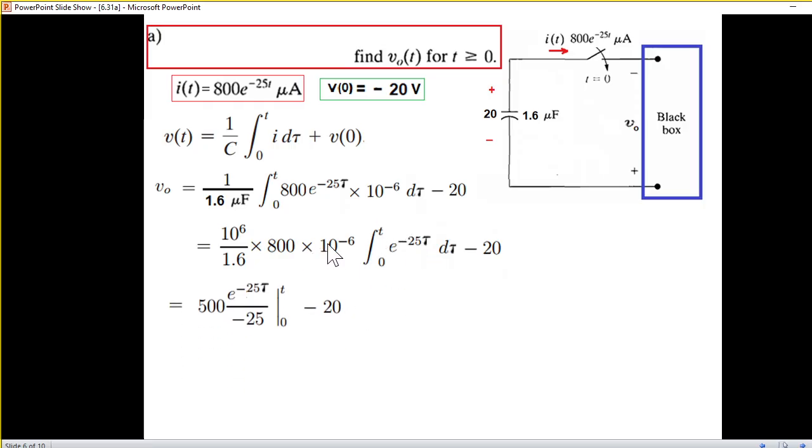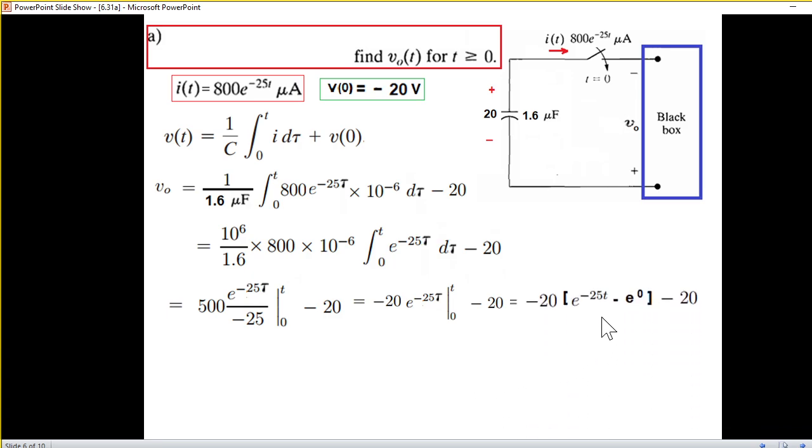Solving this, we get 500. Integrating e raised to the power minus 25 tau gives e raised to the power minus 25 tau divided by the constant minus 25, with the limits 0 to t. Solving further gives minus 20 times e raised to the power minus 25 tau, with the limits 0 to t.